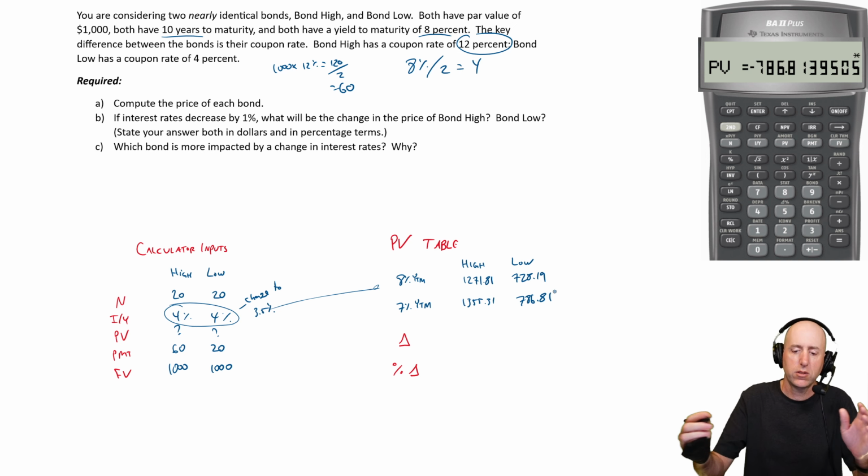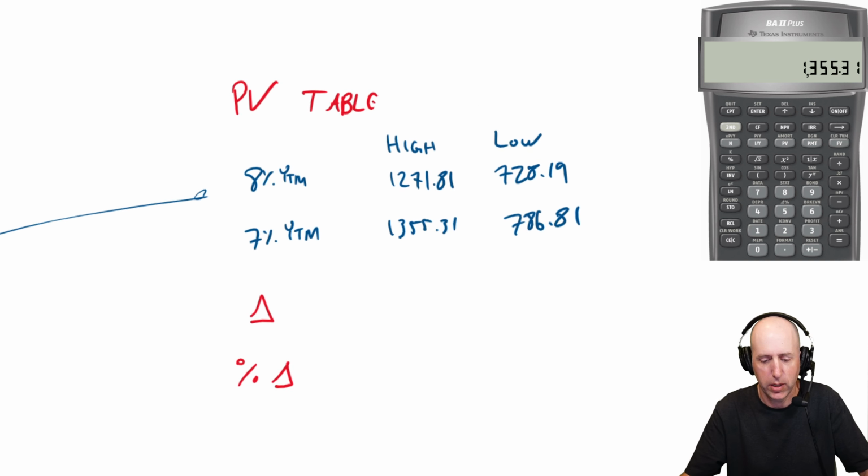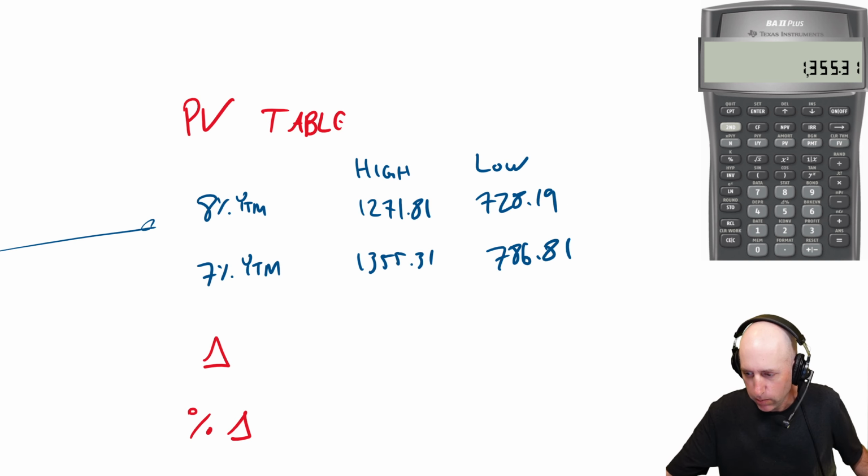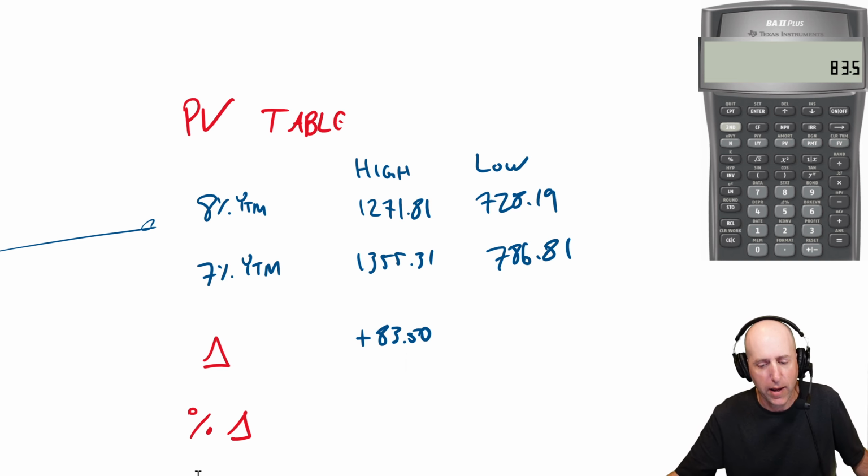Okay, so let's check the swings here. Let's check the changes. There's been an increase in the price of both bonds. 1355.31, I'll zoom right in here, minus 1271.81 means there's a change, an increase of $83.50 for our high bond.